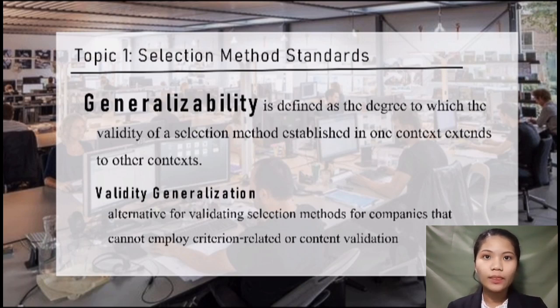Then finally, if the company can show that it uses a test that is the same as or similar to that used in the validated setting, then one can generalize the validity from the first context to the new context. As I said earlier, if the result of the study is broadly applicable to many different people or situations, it is said to have a good generalizability.